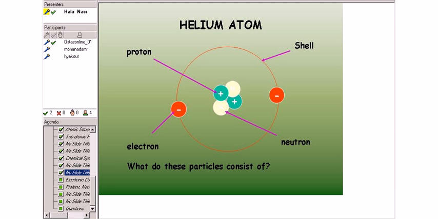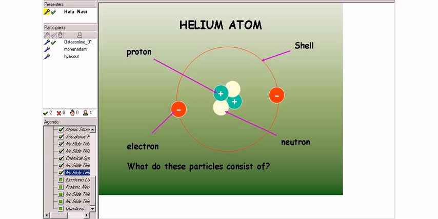This is the helium atom. It's just a configuration to let you know. Here you have protons carrying positive charge, as we said. Neutrons in here have no charge, and the electrons, actually, should be much smaller than this, but it's okay for now.